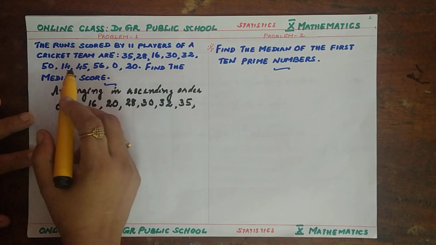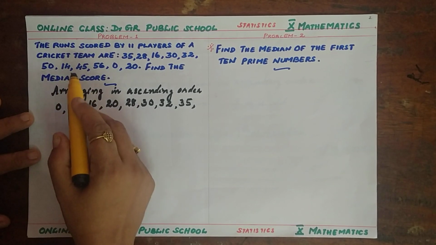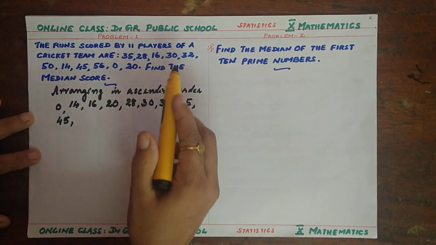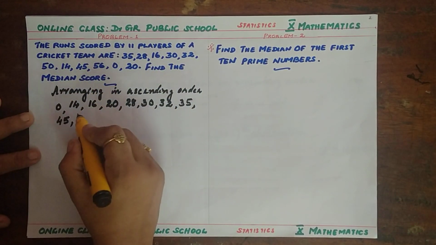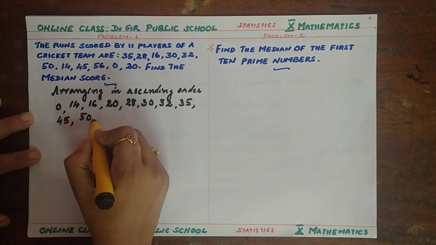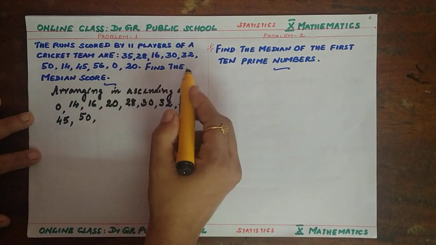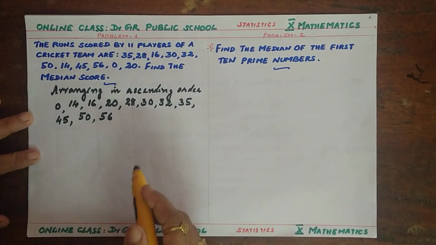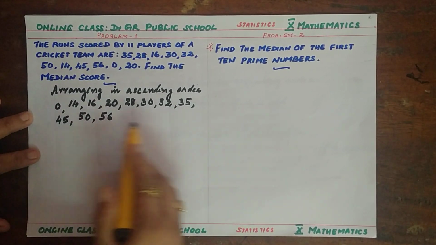Next one is 45. Next one is 50. And the last one is 56. Yes, I arranged these observations in ascending order.